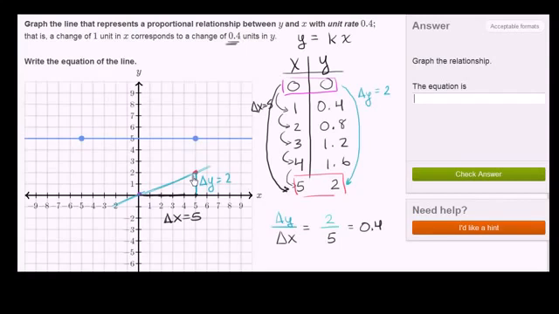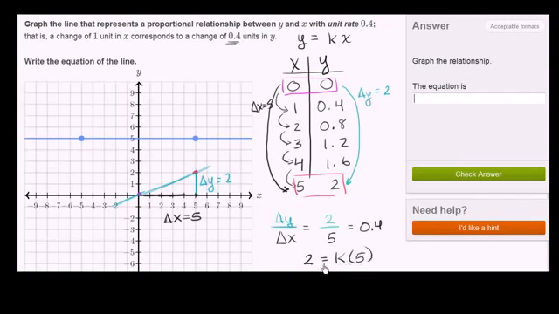So I'm going to do this with the tool, but first let's also think about what the equation of this line is going to be. Well, we know that y is equal to some constant times x. And we know that the point 5, 2 is on this line. So when x is equal to 5, y is equal to 2. Or when y equals 2, we have k times 5.